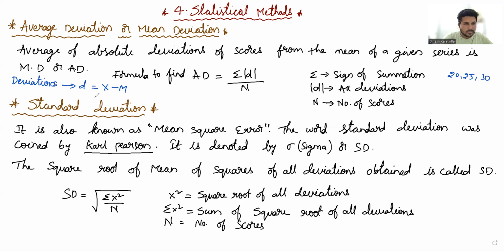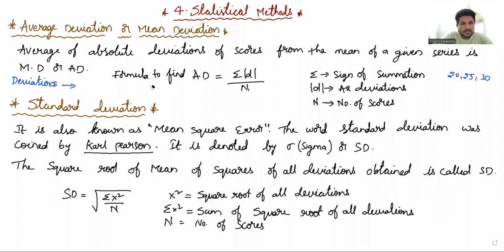So first you need to write 20 minus the mean of this given data, which is, to assume, I'm just giving it as an example, mean is 25, then the deviation is how much? -5, right? So like that you will be getting number of scores equal to number of deviations. For example, if 5 scores are there, you will be getting 5 deviations.